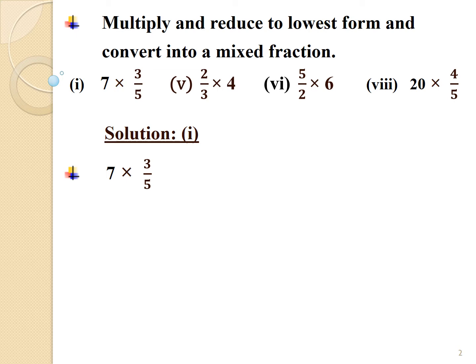Students, note that in order to multiply the mixed fraction by a whole number or a whole number by a mixed fraction, first of all, you have to convert a mixed fraction into improper fraction. Then you have to multiply.